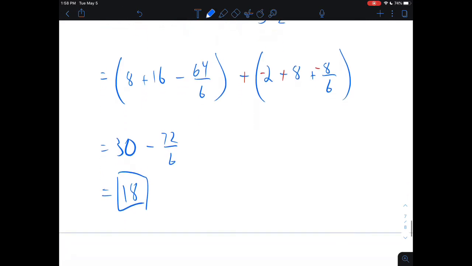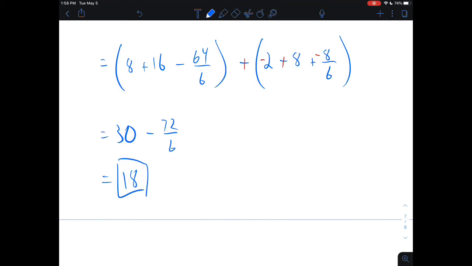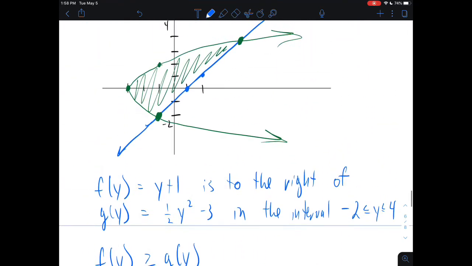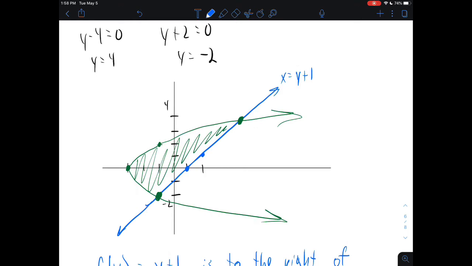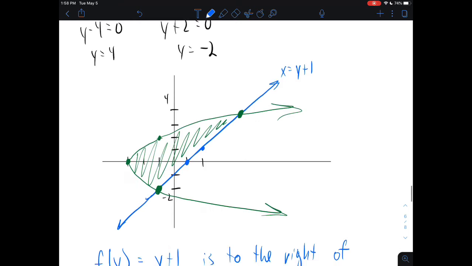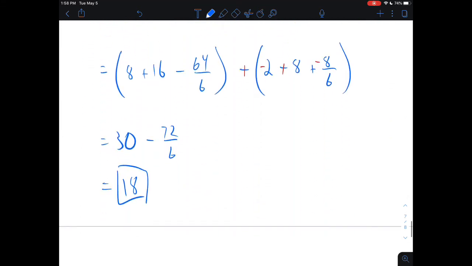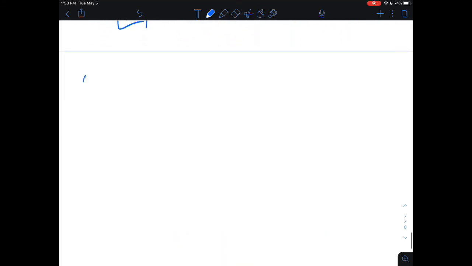If you want to do something to see if this is correct, you could do this whole problem by just looking at the area between y equal x plus 1 and y equal 1/2 x squared minus 3. So you could do that on your own.